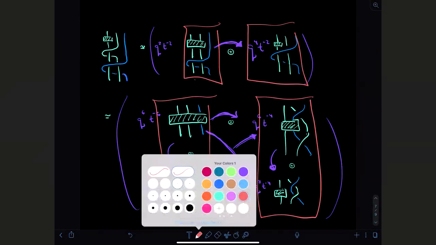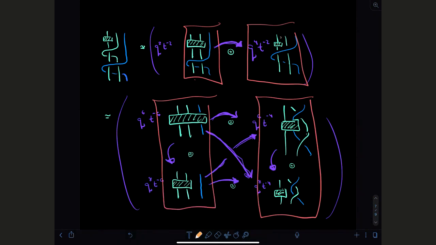What I'm doing here in the second one, if you want to think about it this way, is focusing on this part of the diagram and applying the recursion there. The technical thing that I'm using here is called homological perturbation theory, which tells us that if we have a mapping cone, or in general a one-sided twisted complex, we can take the terms of that mapping cone, in this case these two complexes, and each term we can replace by anything homotopy equivalent to it.